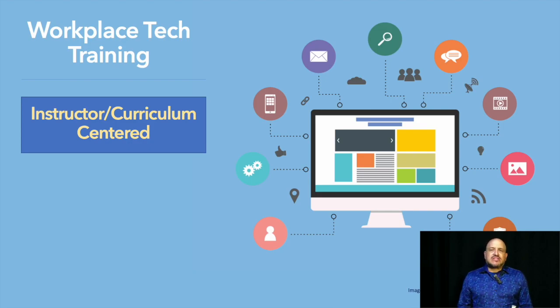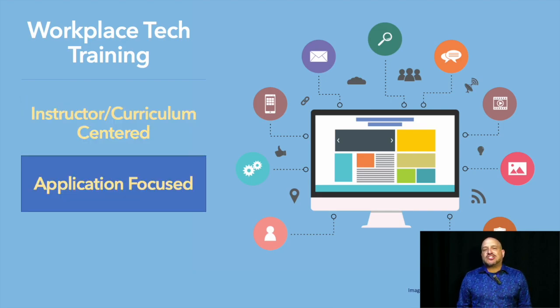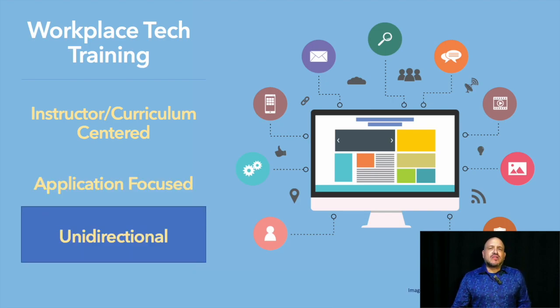And we focus the agenda on what the application does, what it can do for our departments, what the proper functions are, and what are the things we have to do in it. It tends to be very unidirectional, whether it's an online course that they just passively take or an instructor face-to-face led experience. These learning experiences tend to be very much from the front to the back of the room, unidirectional.